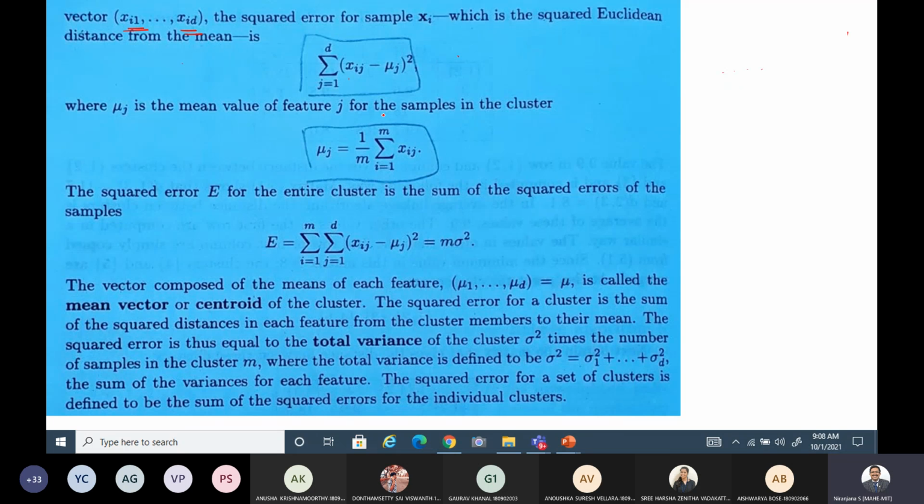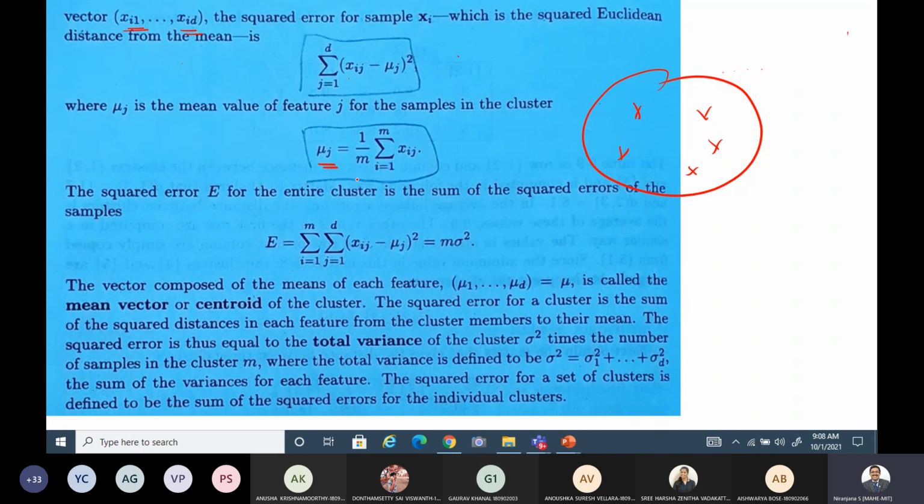So how can you calculate mu j? Theoretically, it is nothing but the summation of xij when i varies from 1 to m, if there are m samples in a cluster, right? For each sample, with respect to each feature, xij for each j, you try to find out the mu j value.